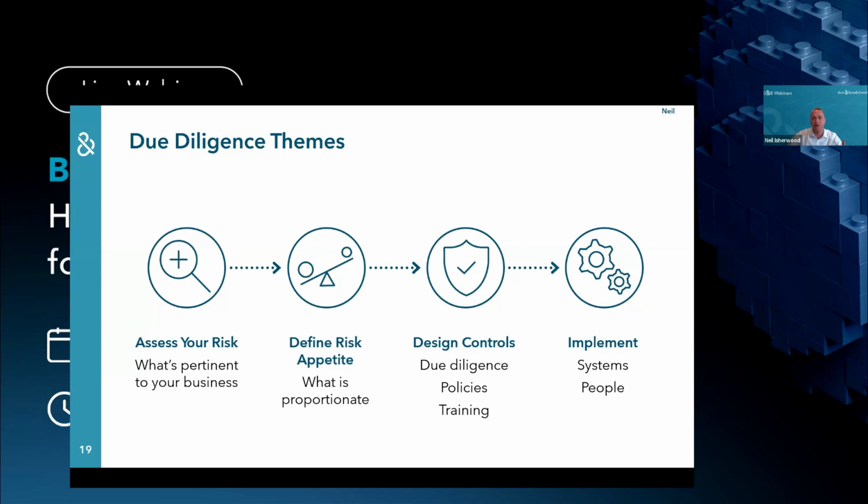It's starting with assessing your risk. You can't mitigate risk if you don't actually know what your risks are. And then the business and senior management have to decide what's your risk appetite, because that will in turn feed into the due diligence program, and that can guide you as to how much time and effort you expend on different types of third parties.